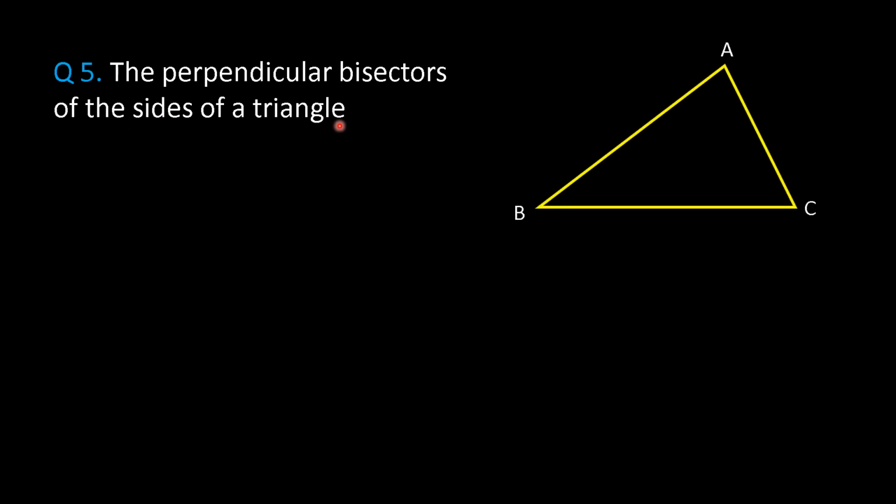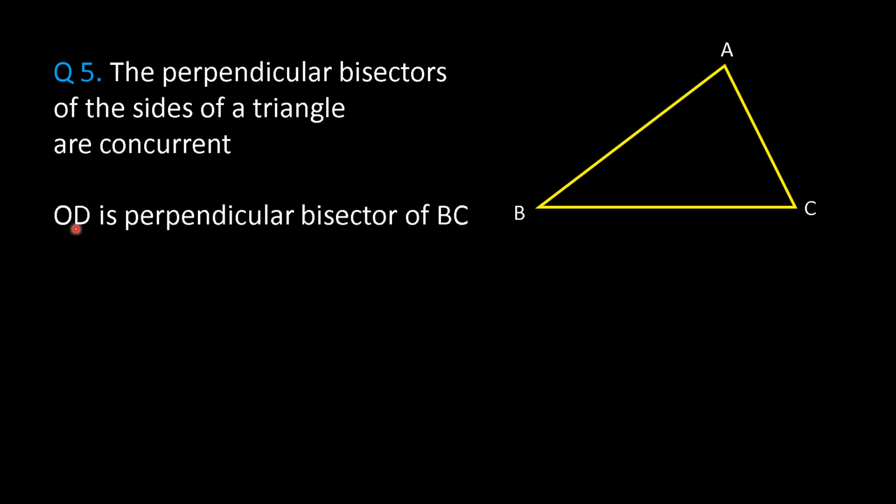In question 5, we have to prove that the perpendicular bisectors of the sides of a triangle are concurrent. We have this triangle ABC, and OD is perpendicular bisector of BC. Therefore, we write D bar equals (B bar plus C bar) by 2 and OD bar perpendicular BC bar.